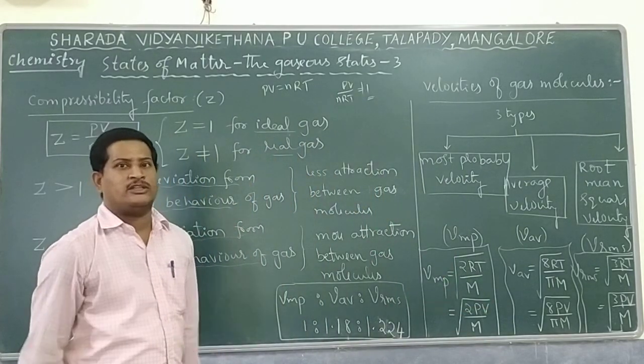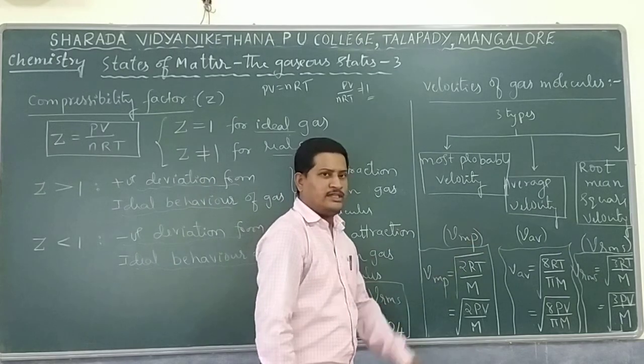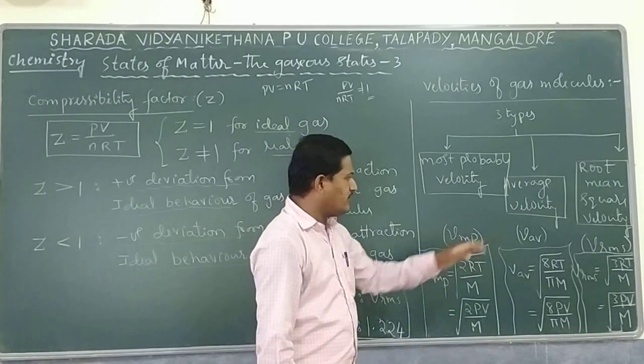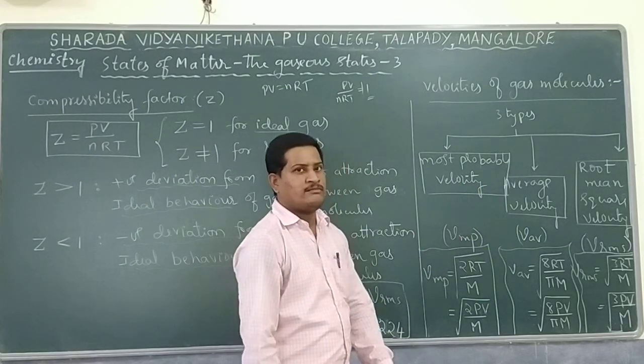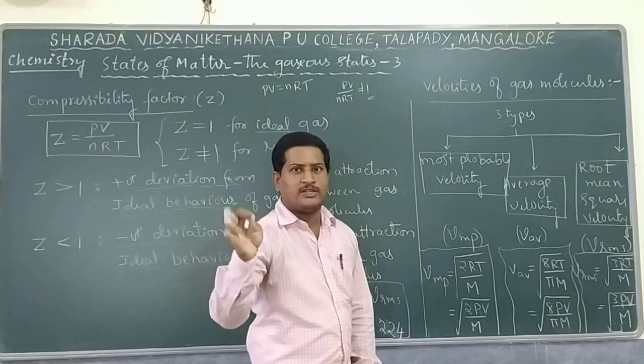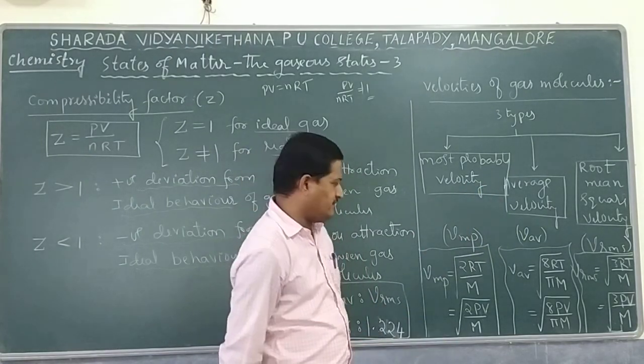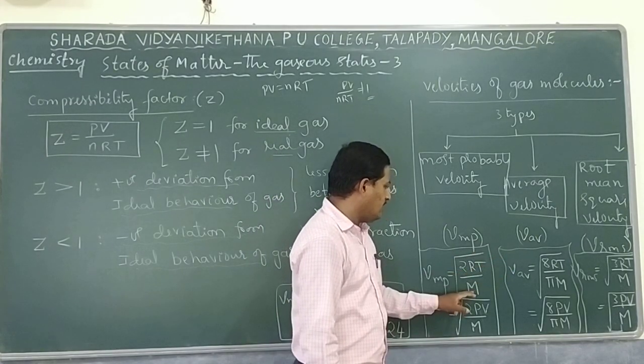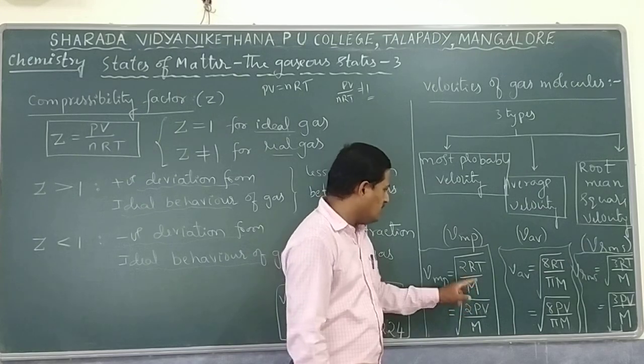Suppose a gas molecule shows these three velocities, then what about the ratio between most probable, average, as well as RMS velocity? Suppose a gas is present at a particular temperature, with volume and pressure remaining constant. Then if you take the ratio, the R value, T value as well as M value will cancel out. What is left?